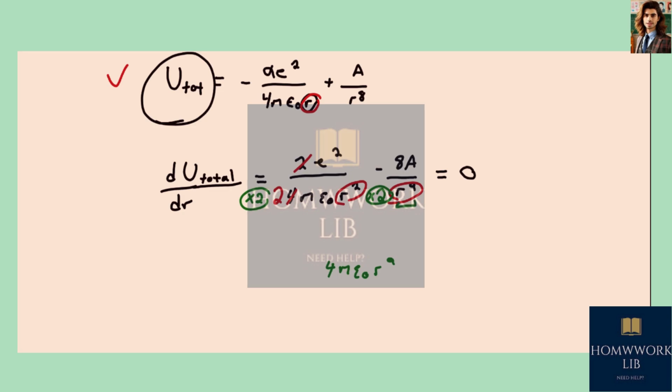Here, we need this, so we're just going to multiply it by R to the 7, so it's just adding the exponents. So we have R to the 9th over alpha e squared R to the 7 minus 8a times 4 pi epsilon naught. And this is going to equal 0.